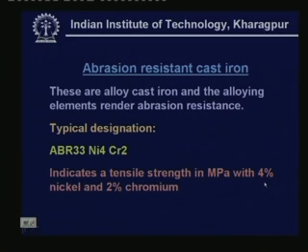The designation comes out the same way, ABR 33 Ni4 Cr2, which indicates abrasion resistance, 33 is the tensile strength, with 4% nickel and 2% chromium. So, this is one typical designation of the abrasion resistance cast iron.